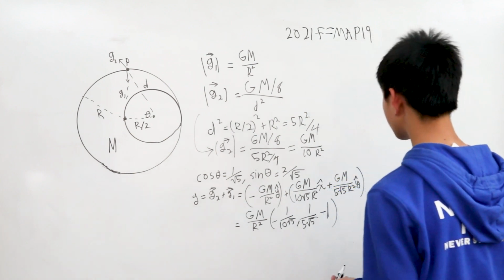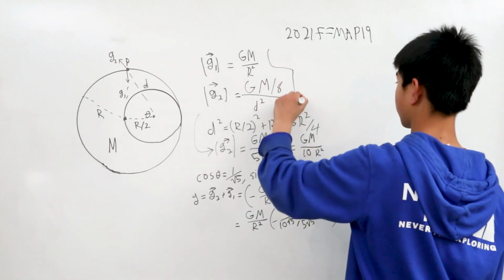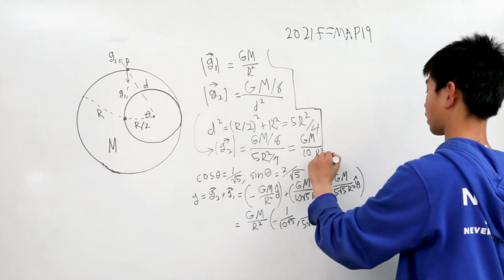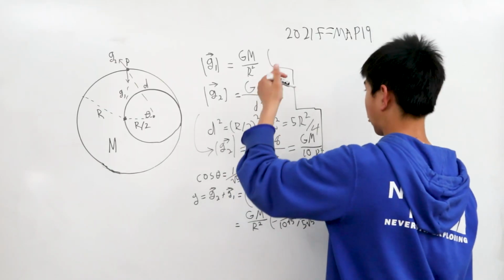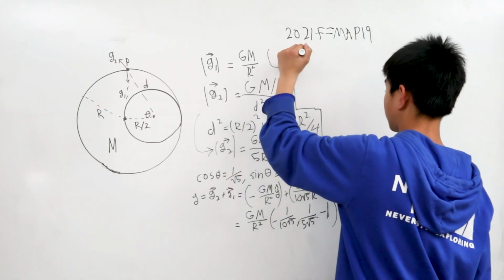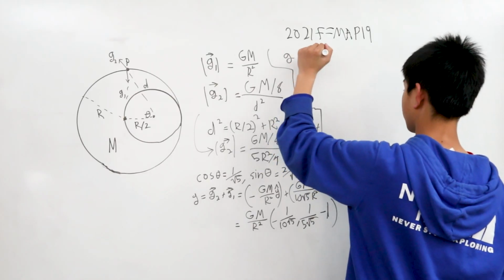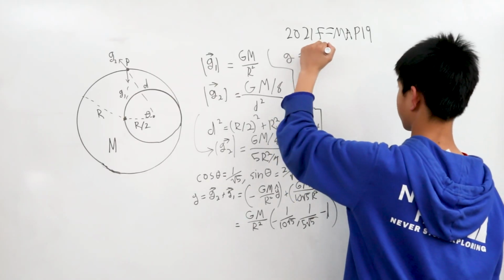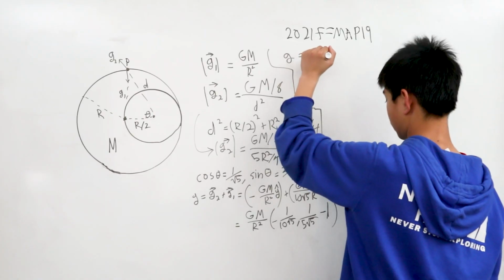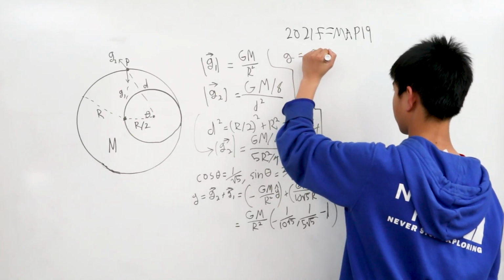So if we can just rewrite it over here to not get too messy, our total gravitational field is the square root of the squares of all these values. So this is the square root of 1 over 10 root 5.